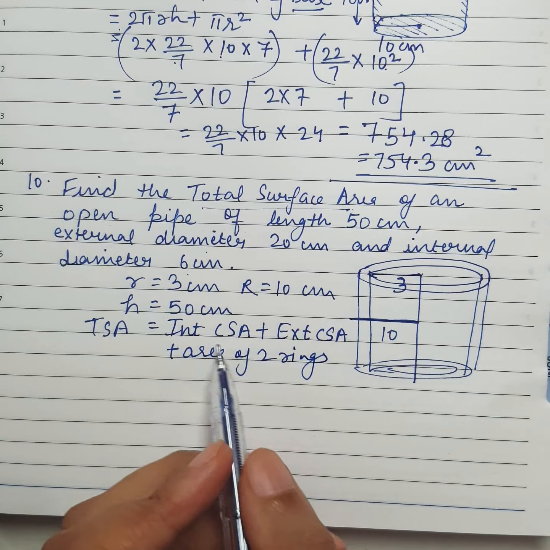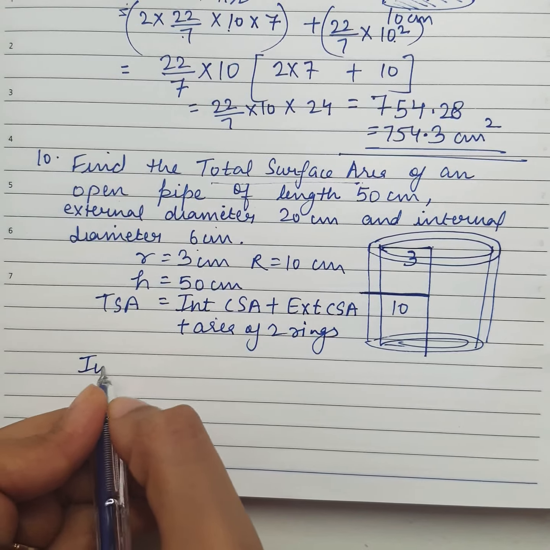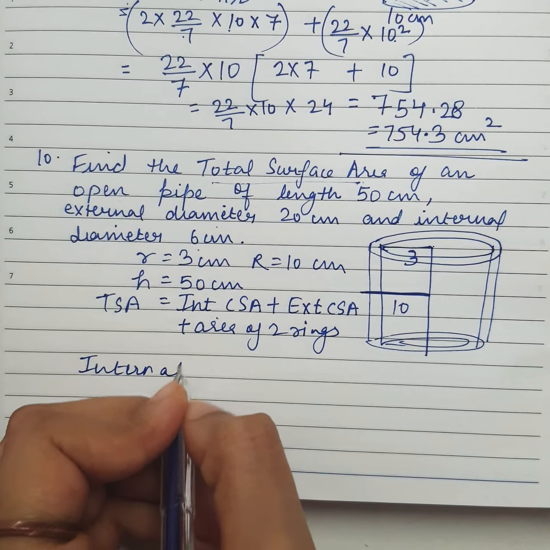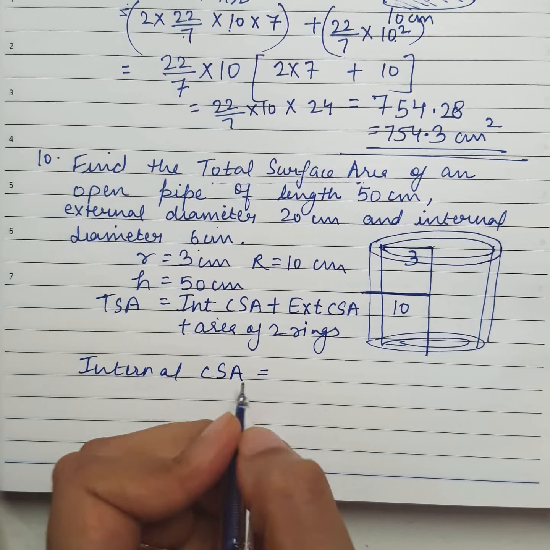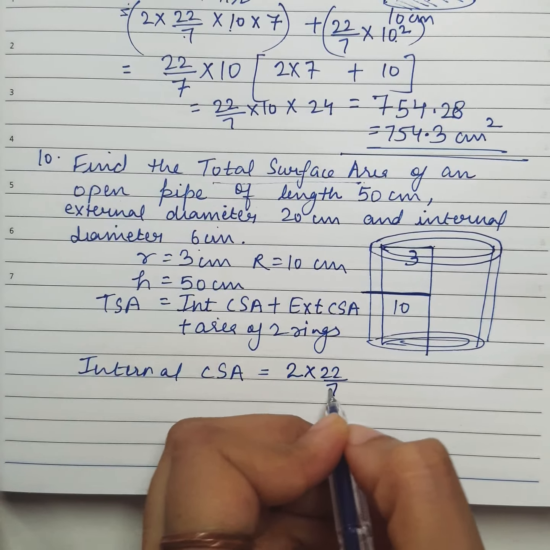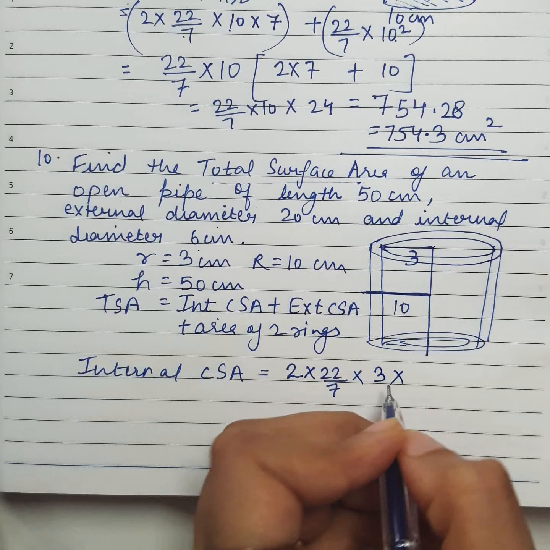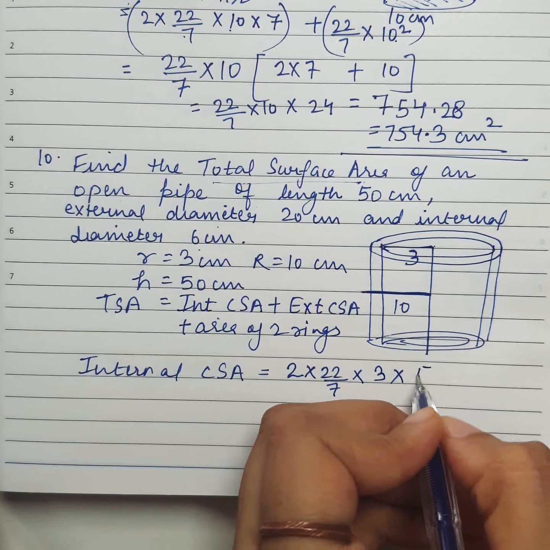So let us solve all these three separately to avoid any type of confusion. First, let us solve internal curved surface area, which is 2 into pi into small r into h, 50.